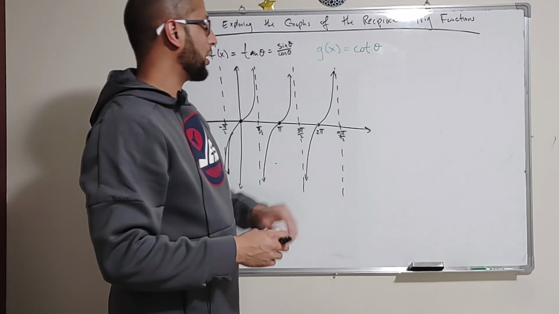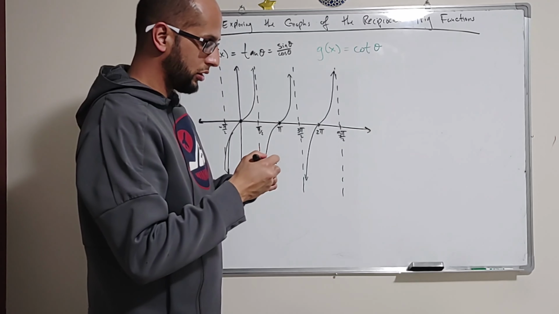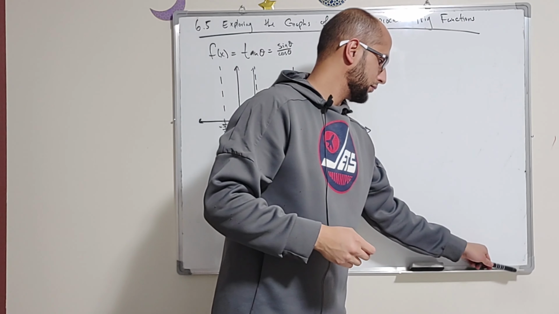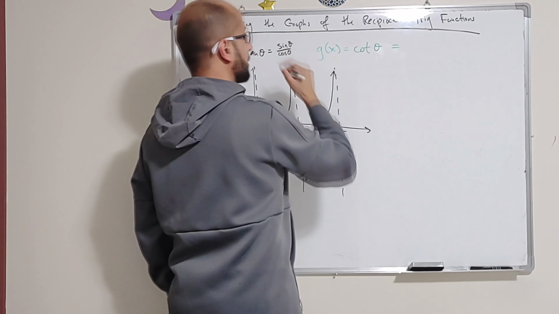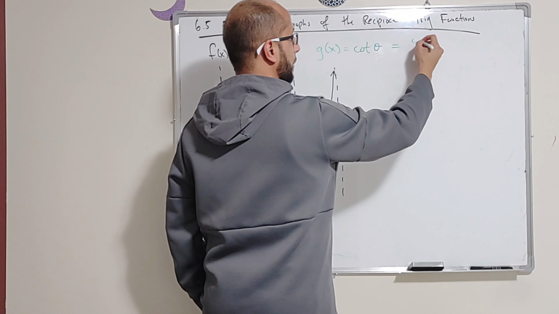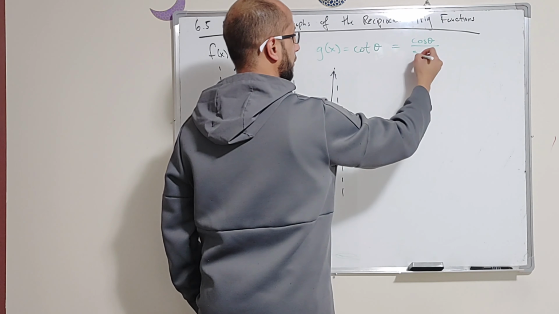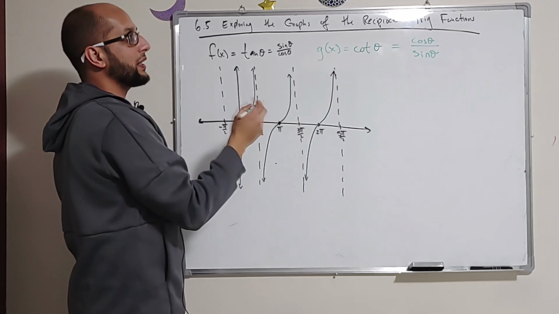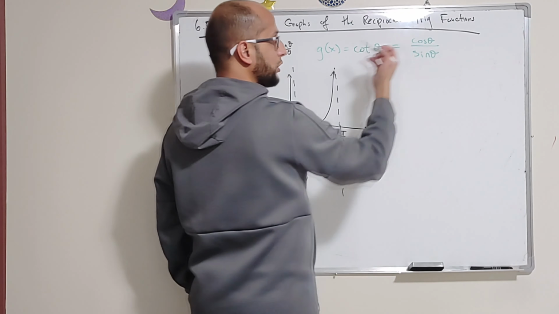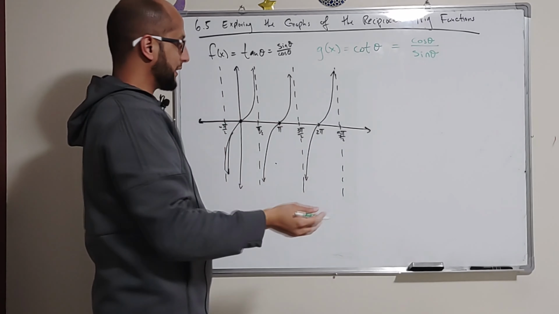Let's apply the same concept to cotangent of theta. Cotangent theta is the reciprocal of tan, therefore it would be cosine theta over sine theta. First step, cosine theta: wherever the numerator is equal to 0, we would have our x-intercept.